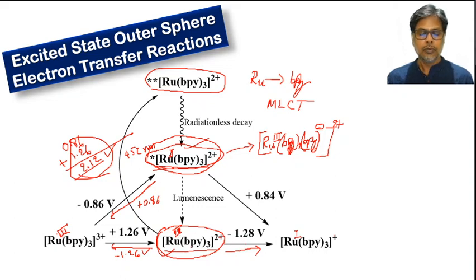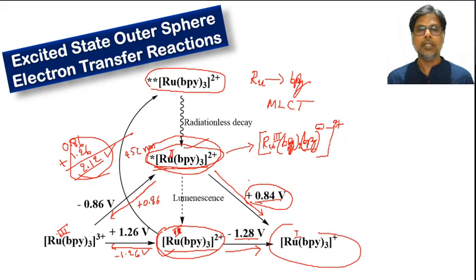So this is not a spontaneous reaction. You need to input 1.28 volts. Then here, take a look at the excited state ruthenium 2 complex becoming ruthenium 1. So this is spontaneous, and when the excited state ruthenium 2 becomes ruthenium 1, there is a release of 0.84 volts, and here we need to input 1.28.